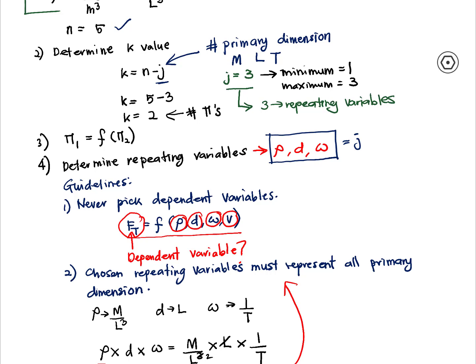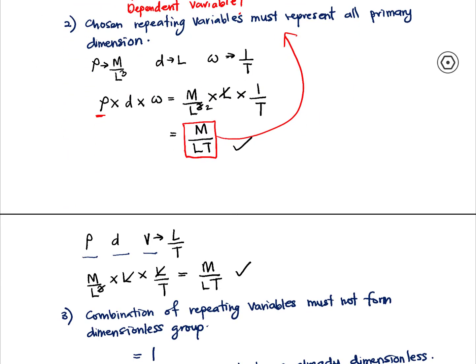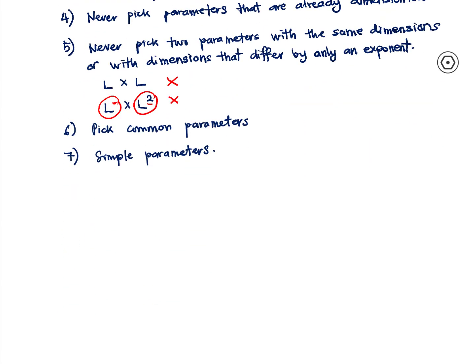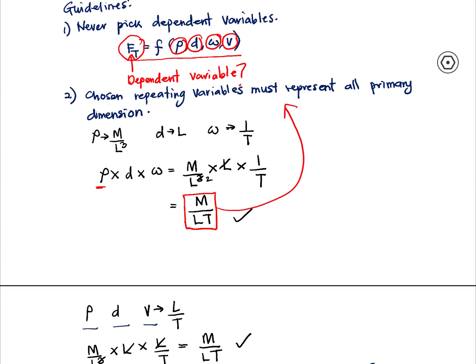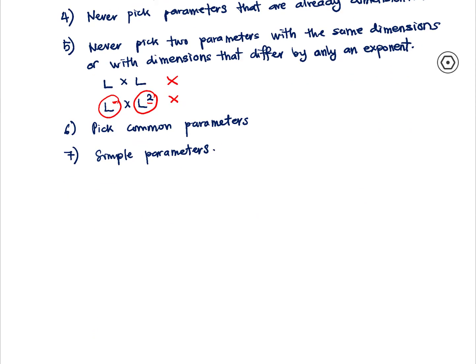What I mean is, if j is 3, then your repeating variables must be 3. If your j is 2, then your repeating variables is 2. The minimum number of j is 1 and the maximum number of j is 3. So what's next?